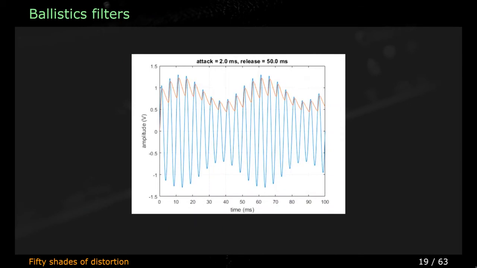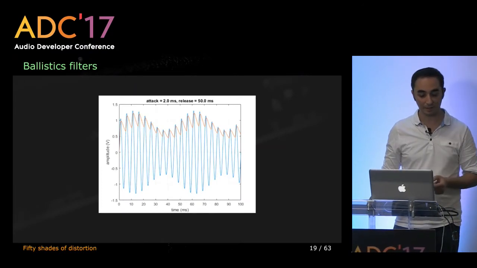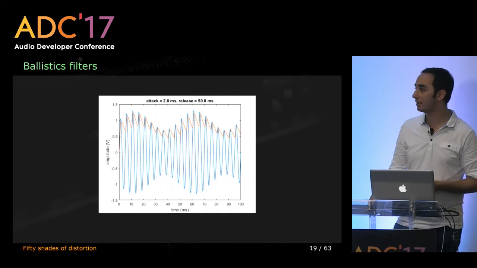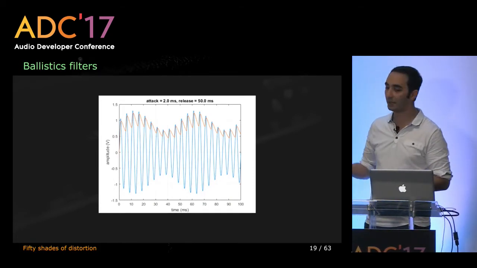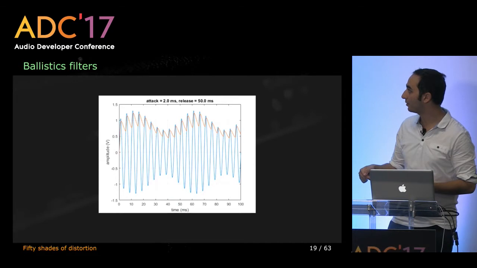A ballistic filter is something that provides some smoothing to any given DC signal thanks to two parameters that we see all the time, which are called attack and release, which are basically time constants. And they say that we should follow the input signal at a given speed when the waveform is rising, that's for the attack, or falling, that's for the release.